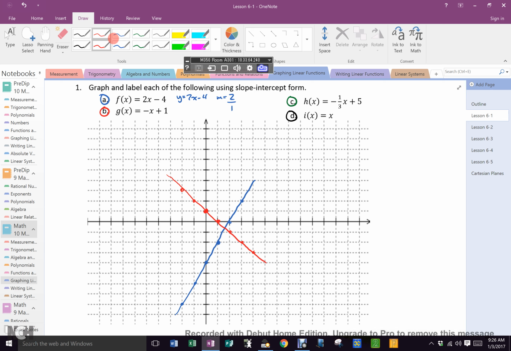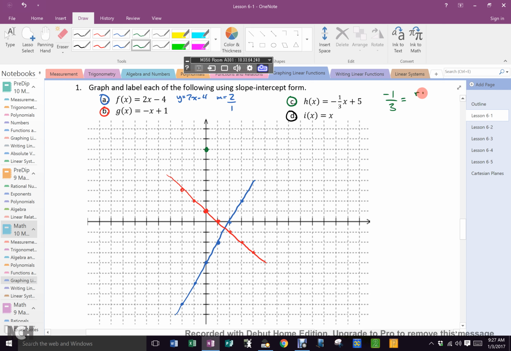Okay. Uh-oh. What's happening with the green line? Where's my first dot going? No. The green line is C. Where's my first dot going? Please notice we started at negative 4, we started at positive 1, positive 5. 1, 2, 3, 4, 5. What's my slope? Negative 1 over 3, right?